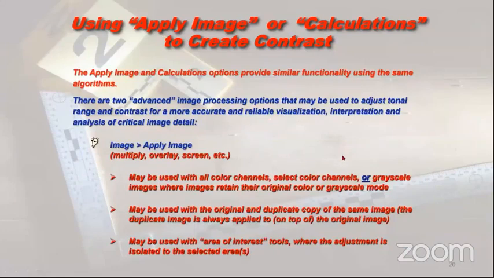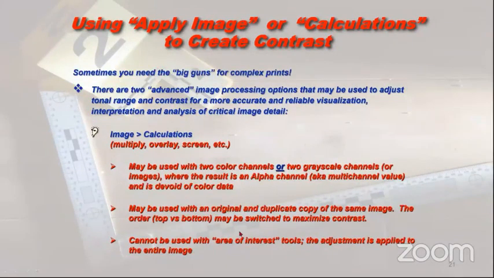Just to give you sort of a quick view, apply image, you can use it with all color channels. It can also be done with grayscale. You can use it with duplicate copies of the same image. You can also use it with area of interest tools. So again, apply image is a very powerful tool.